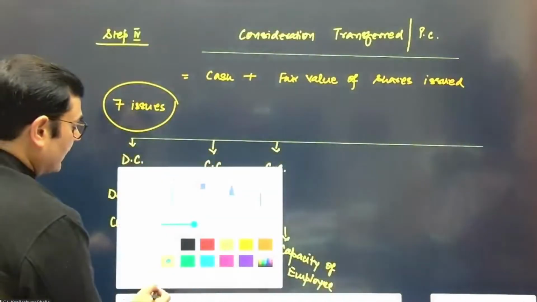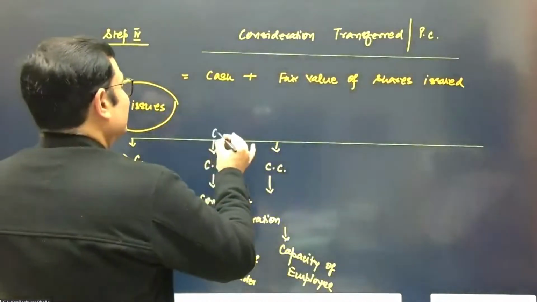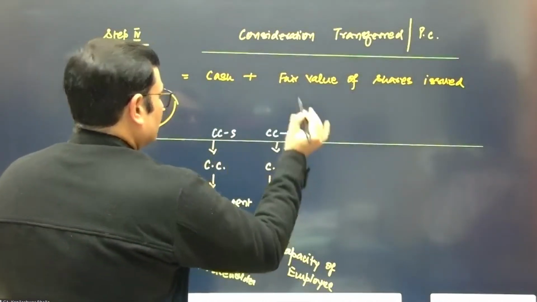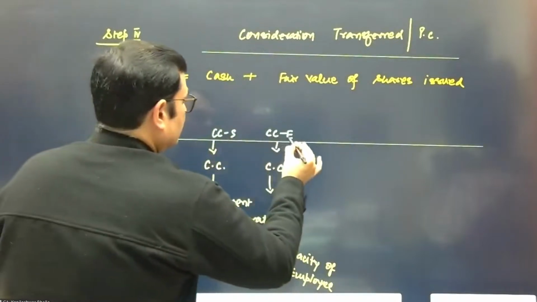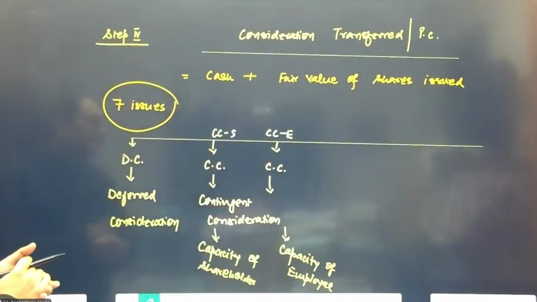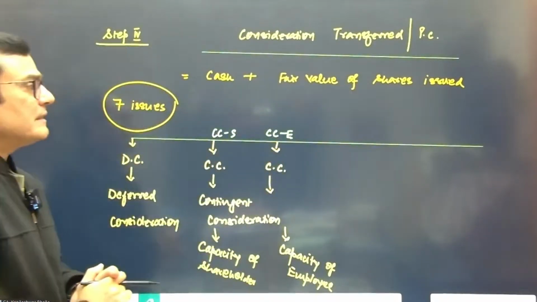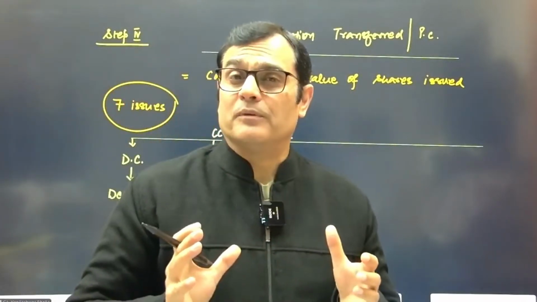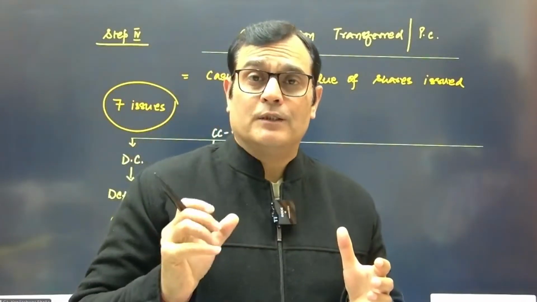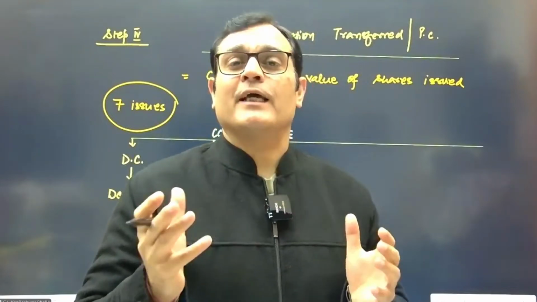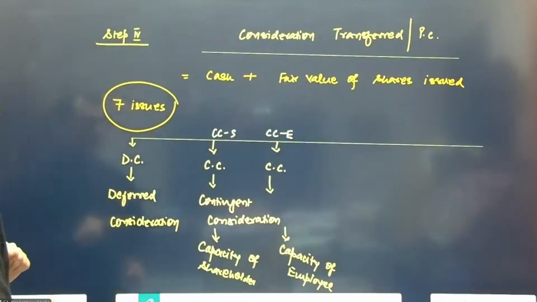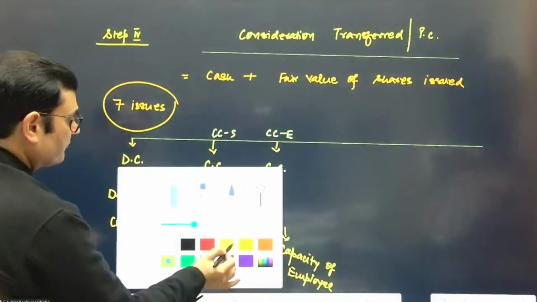So when you hear the term CCE, you'll understand employee capacity. CCS, you'll understand shareholders' capacity. Let's make life simple. DC, CCS, and CCE. This is like my block number 1. So these are the 3 inputs.